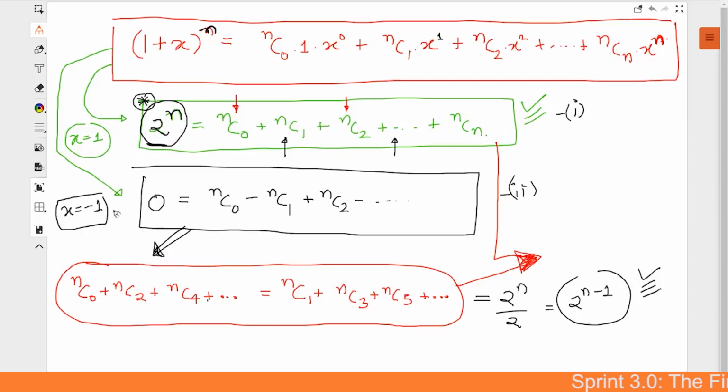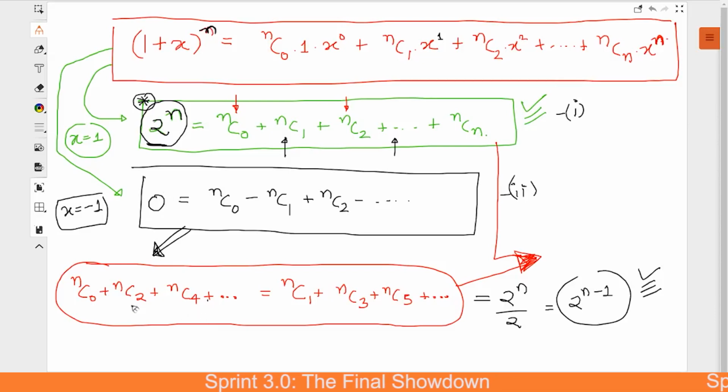But when I put x equal to -1, I realize that NC0 minus NC1, that is, what is written at the bottom, that is even, so the summation of NC0, NC2 and so on minus NC1, NC3, NC5, that gives us 0.